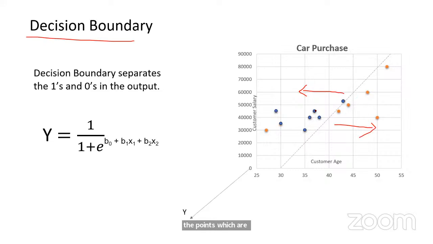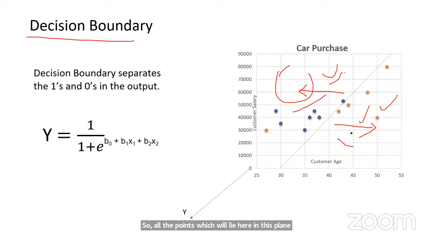So the decision boundary separates the decisions of buying a car and not buying a car in the data. So it separates the categorical variable in the data. Decision boundary is also what we need to find when we are doing logistic regression. All the points which lie in this plane will buy the car. All the points which lie here will not buy the car.